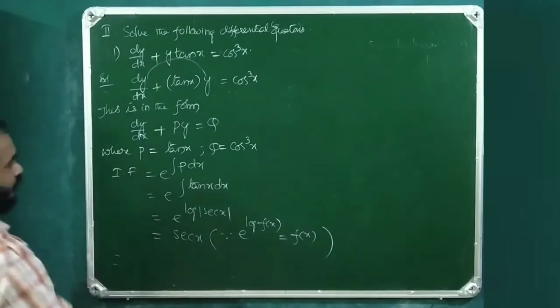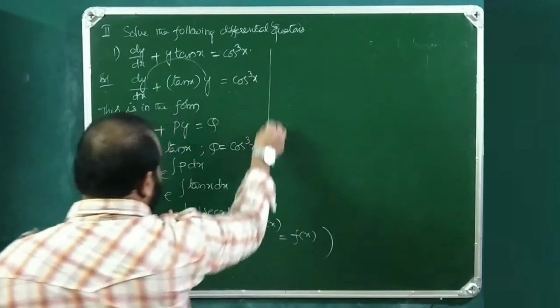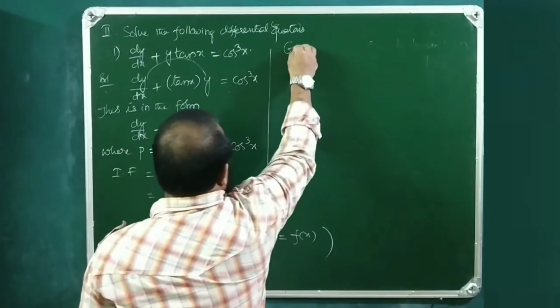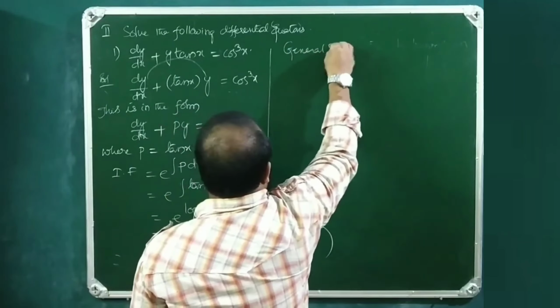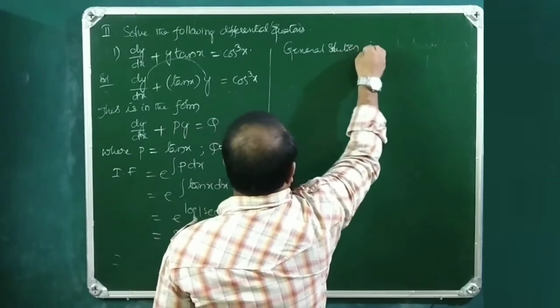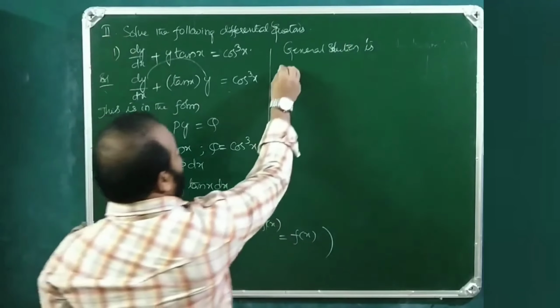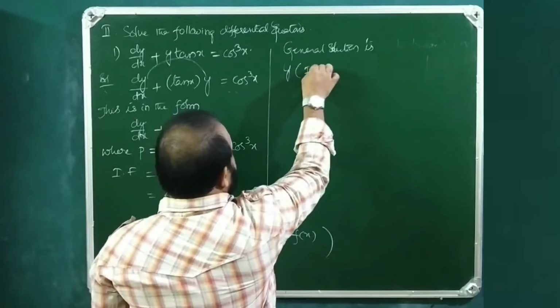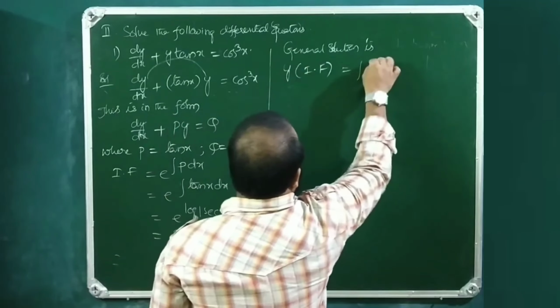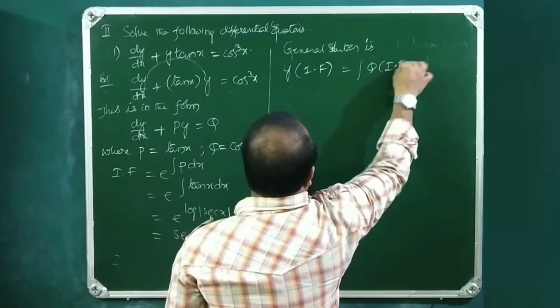Now what is the general solution for this? Let us start with the y. So y into integral factor is equal to integral q into integral factor into dx.